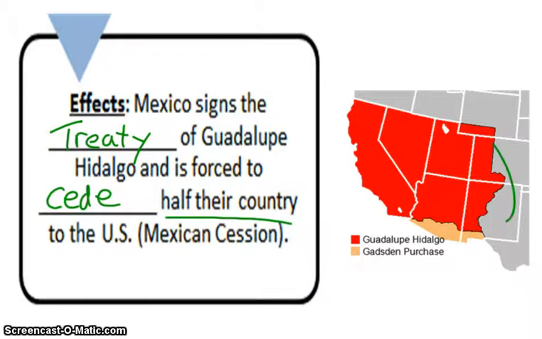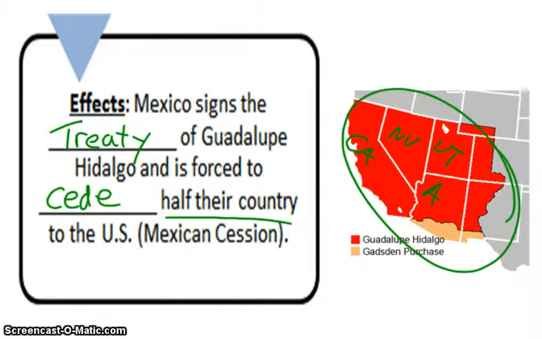This big, huge chunk of land where we get the states of California, Nevada, Utah, Arizona, and New Mexico, even parts of Colorado, this whole big part of the country we call today the Southwest was part of the Mexican cession. And this is all land that we took from Mexico by fighting the Mexican-American War.